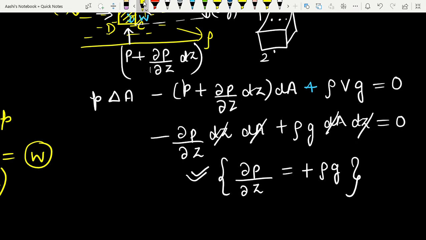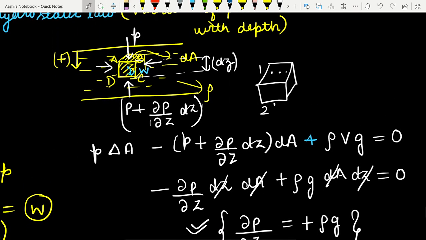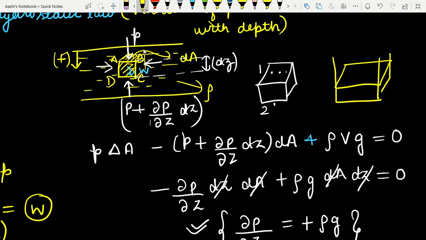So what I have done, I have taken a fluid element and I have tried to balance out the forces on this particular fluid element in the vertical direction, because horizontal components will anyway cancel each other. Because I know from Pascal's law, horizontally there is no particular variation. Suppose this is a horizontal plane in a fluid, let's say I have drawn a tank.